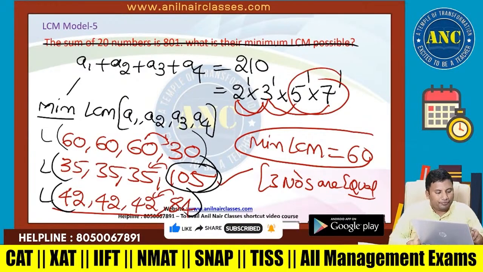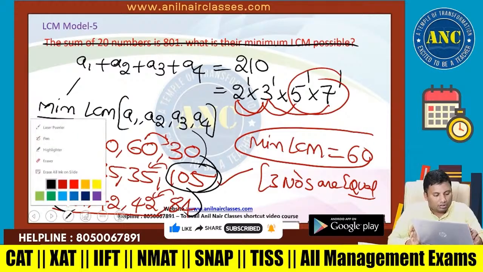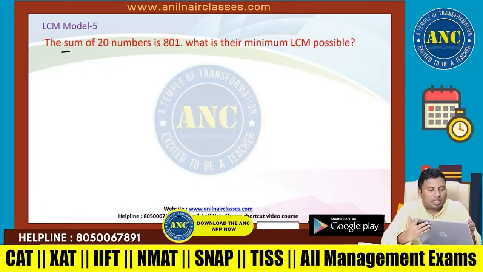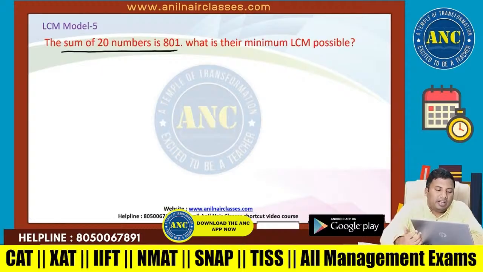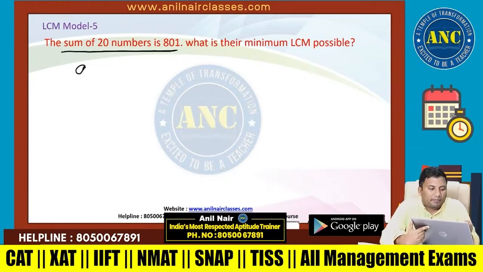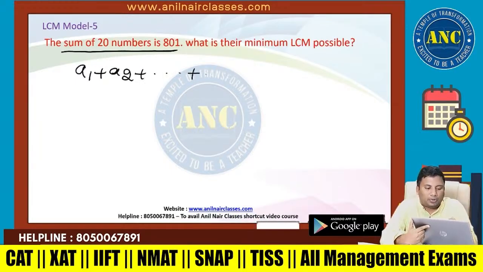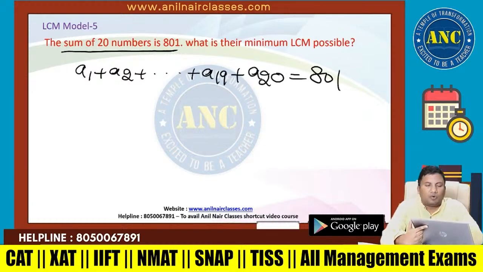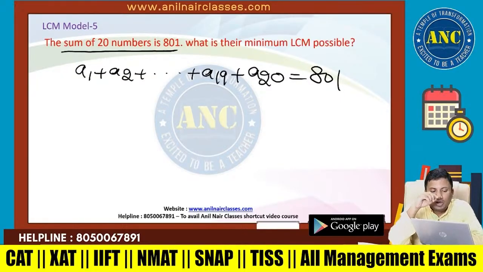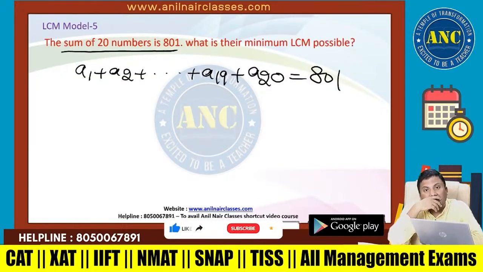Now the question is, the sum of 20 numbers is 801: A1, A2 and so on up to A19 plus A20. If all the 20 numbers are equal, 801 cannot be divided by 20.